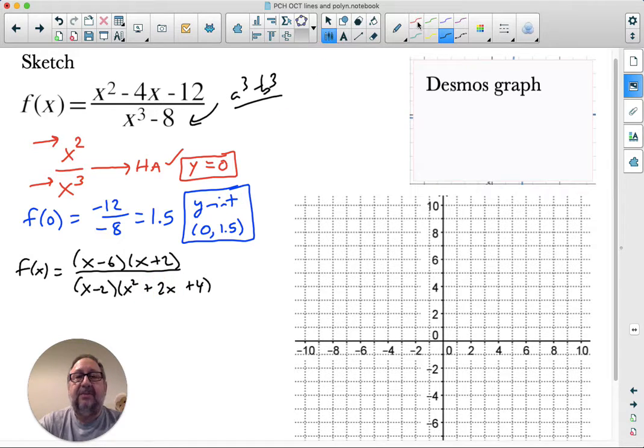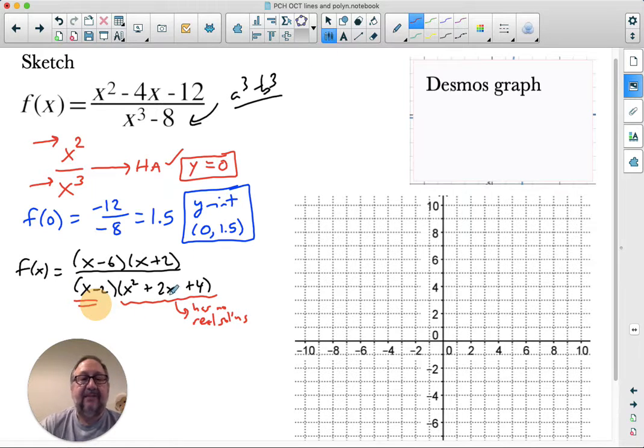And one of the things that I've mentioned is that when you do this, this second one has no real solutions. That says has no real solutions if you can't read it, but that's what it says. So the only thing we're going to really worry about down here is the x minus 2.